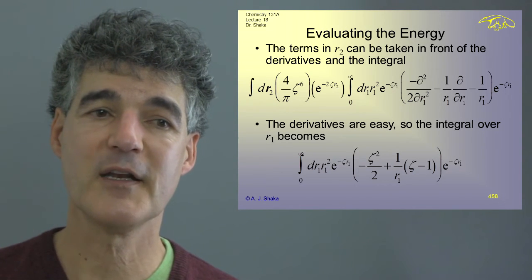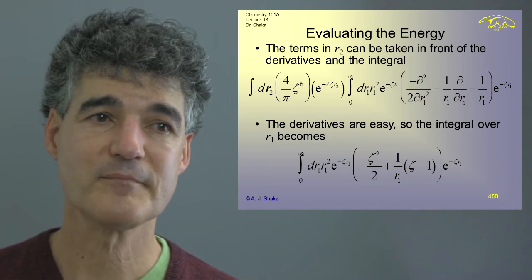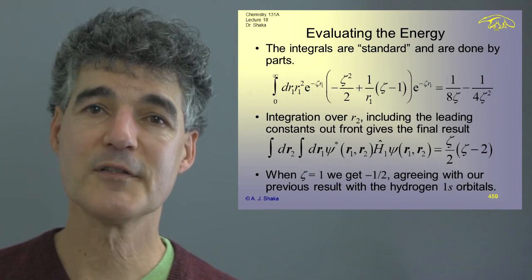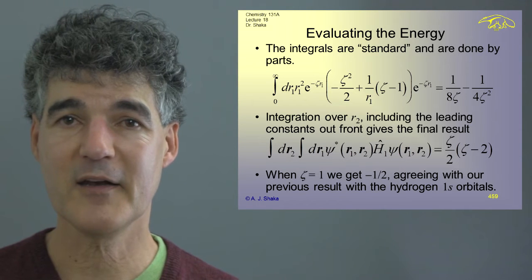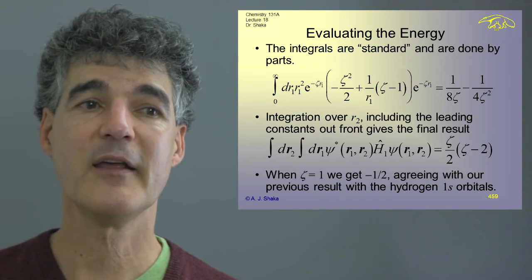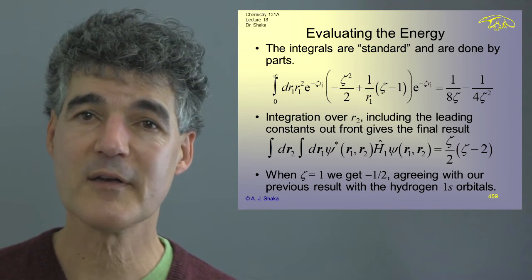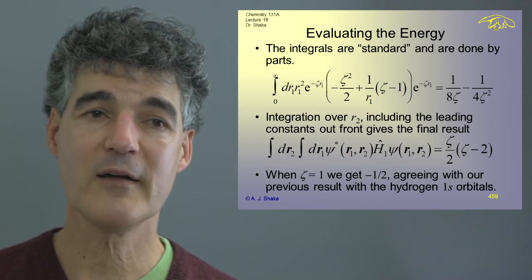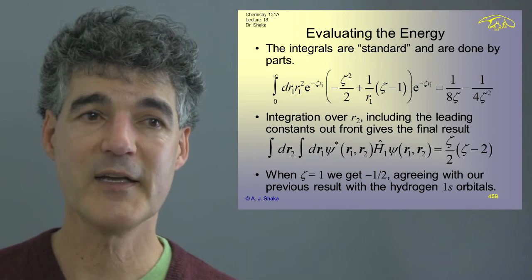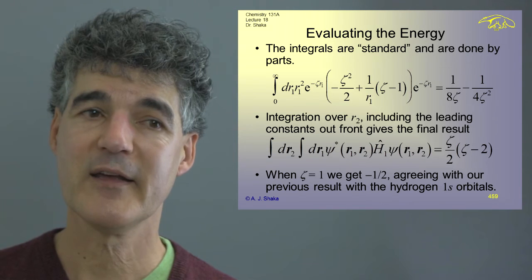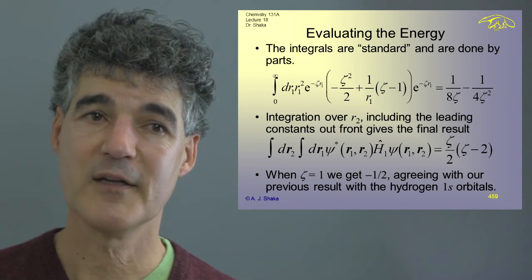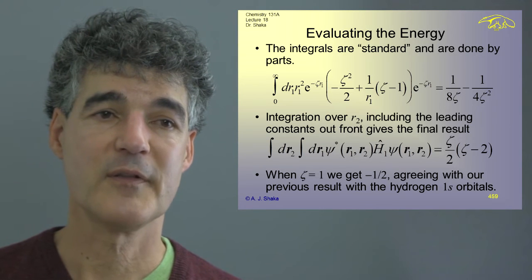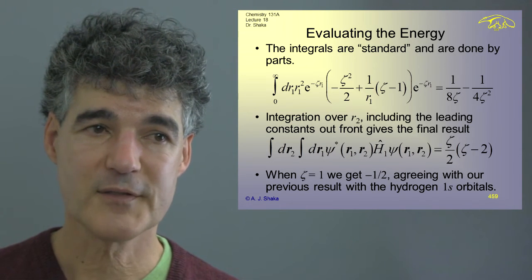And then there's another e to the minus zeta r1. And the integrals are standard, by which I mean, well, you just look them up, r to the n, e to the minus r. And if you go ahead and do the integral, you get a result that looks pretty nice. It's 1 over 8 zeta minus 1 over 4 zeta squared. And that's then our result.